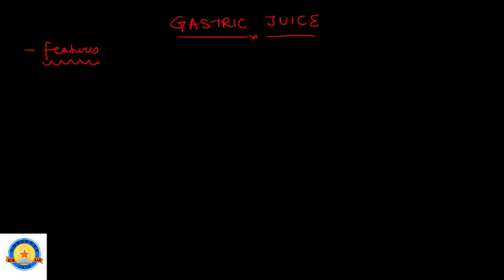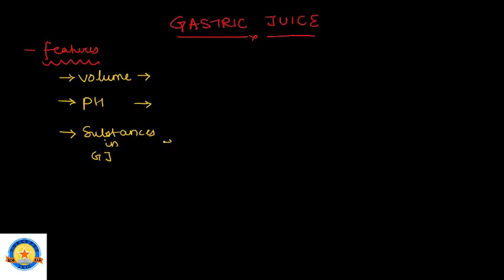Feature point one, what is the volume? Second point, what is the pH? Third point, what are the different substances in gastric juice? Okay, so let's learn one by one.